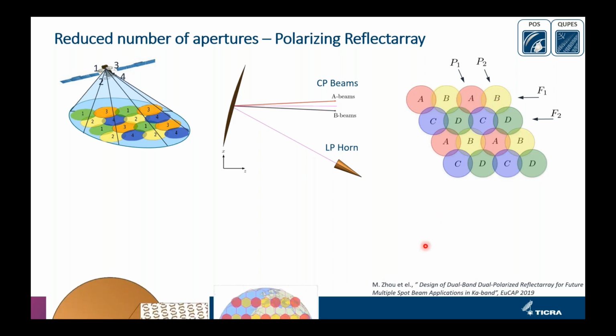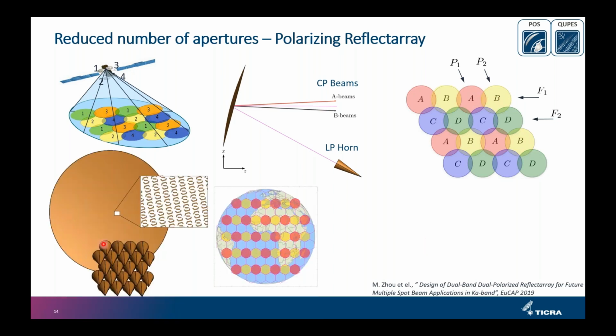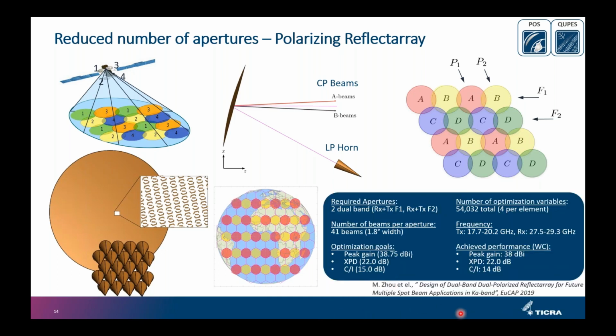And to do that, we put a reflector array on top of our reflector here. This is something we have done in a project that we did with ESA and MDA in Canada. So basically, each of these 41 feeds down here generates 2 of the beams up here, so 1 red and 1 yellow. So the required apertures now go down to 2 dual band apertures.